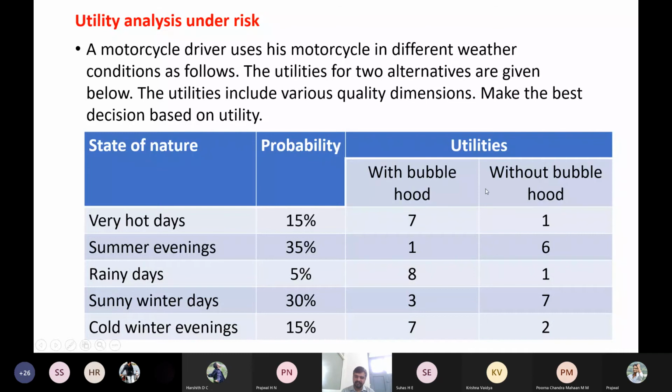Similarly, since these bikes are used in different weather conditions, you have to make a decision regarding whether this additional protective layer is required for the bike or not. If you add this protective layer to the bike, whether that will be useful or underutilized.